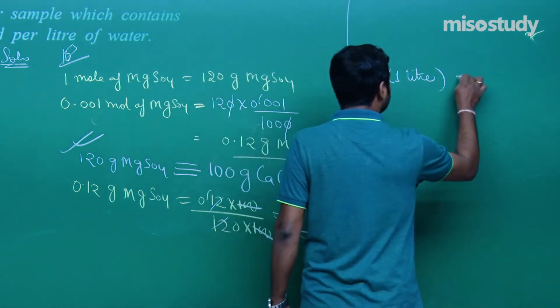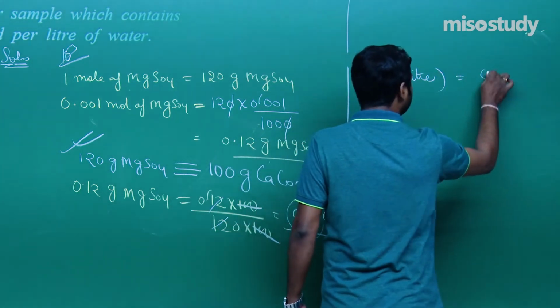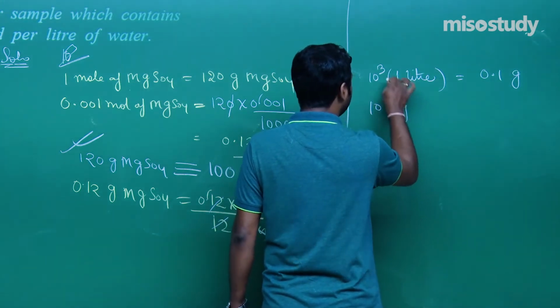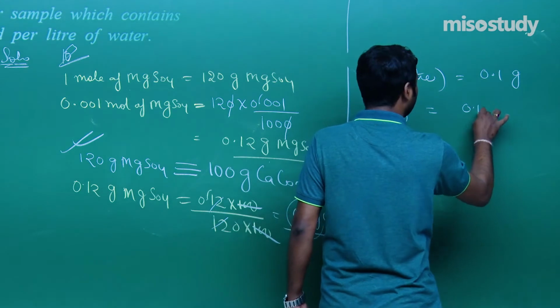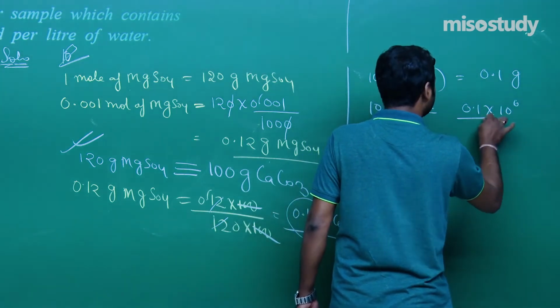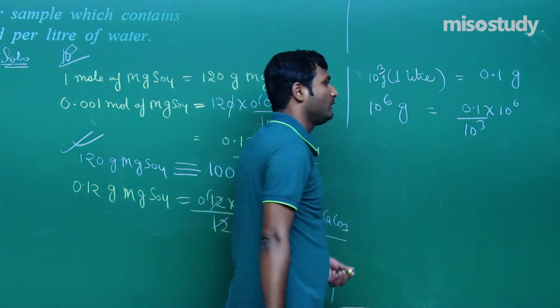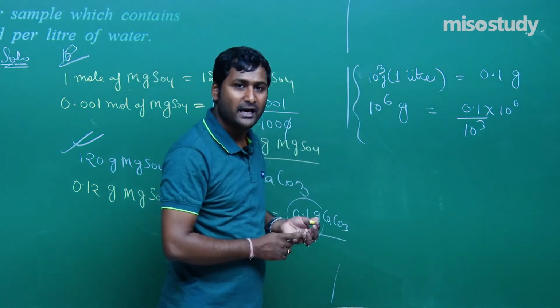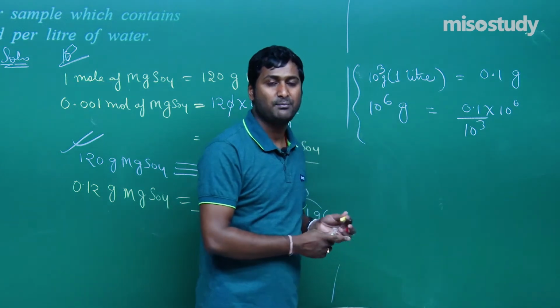You may be confused. Water contains 0.1 gram, and so 10 to the power 6 gram contains, that is 0.1 into 10 to the power 6 upon 3. We will get 100 ppm. Clear to you? This is the concept according to the question. If you write the formula in terms of ppm, that is confusing.